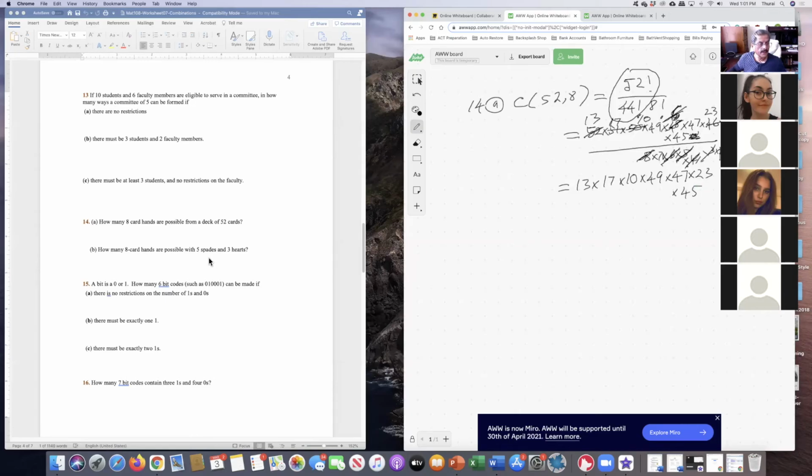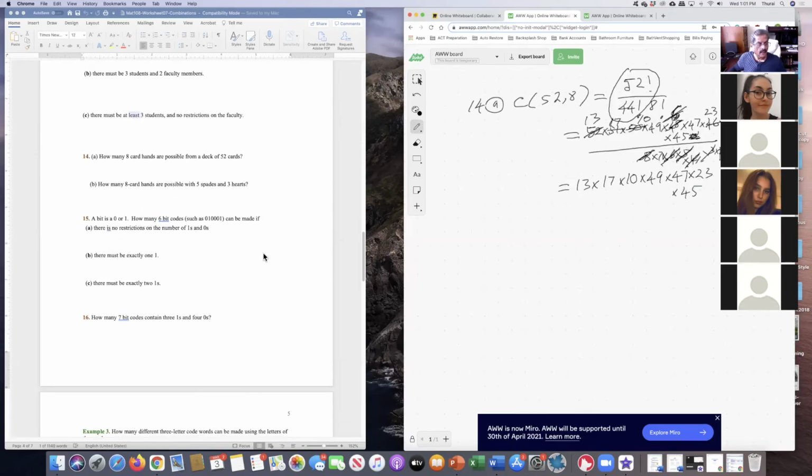Going on to number 15. 15 is a very different kind of problem. This is about the codes, the 6-bit codes. In computer programming, the language of the computer, all the things are coded using zeros and ones. So an alphabet, capital A, will be coded with something like this.